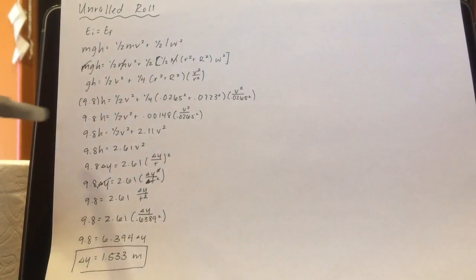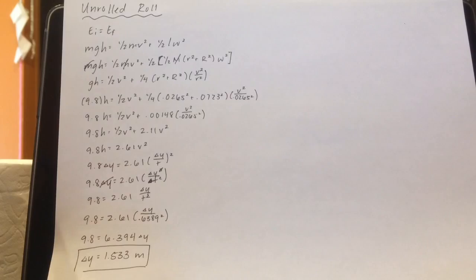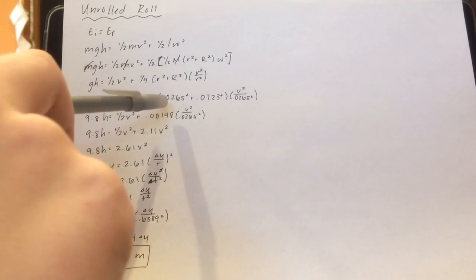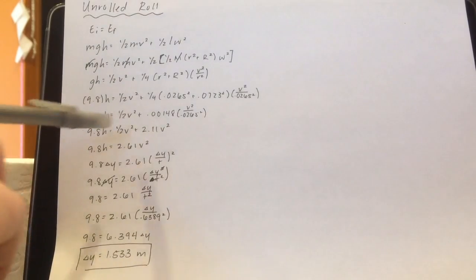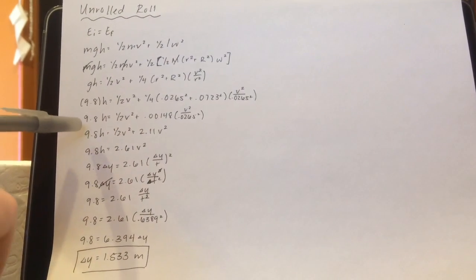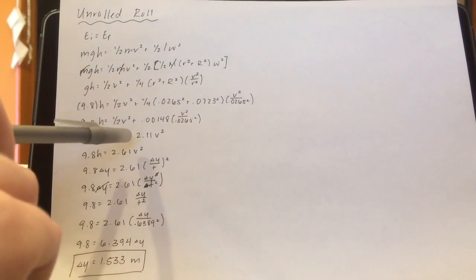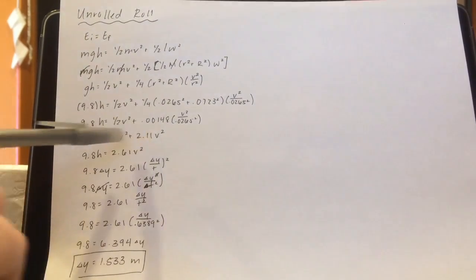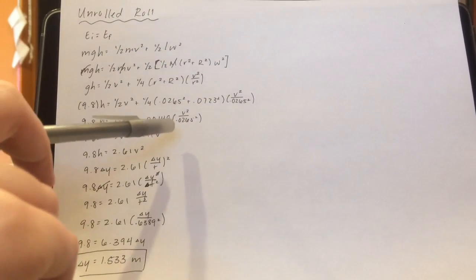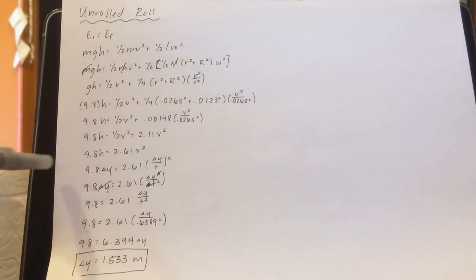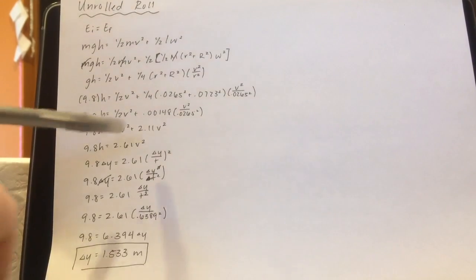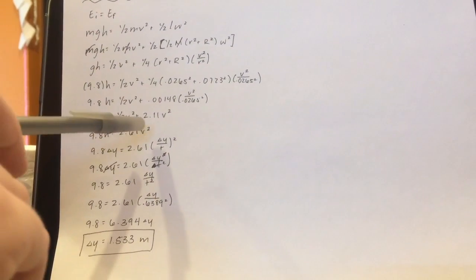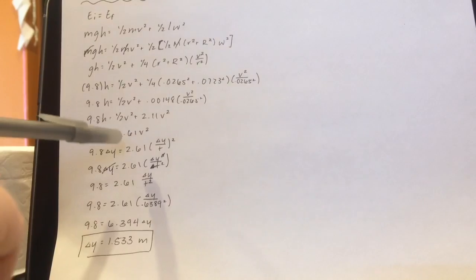Then we plugged in number values, the constant for gravity, and the radii that we measured. Once we solved for those a little, we got 9.8h equals 1/2 v squared plus 0.00148 times v squared over 0.0265 squared. We then divided 0.00148 by this value to give us 2.11 times v squared.